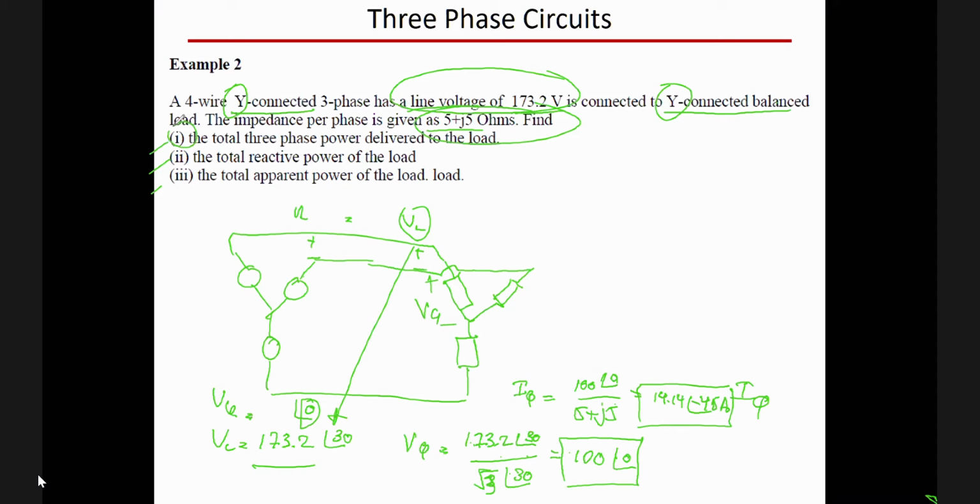Now the total real power will be 3 times magnitude of voltage, which is 100, magnitude of current, which is 14.14, cosine of the difference in angles, theta V, which is 0, minus theta I, which is minus 45. That's it.